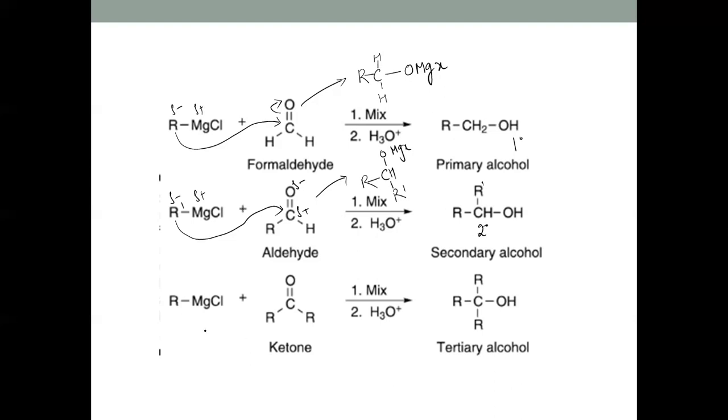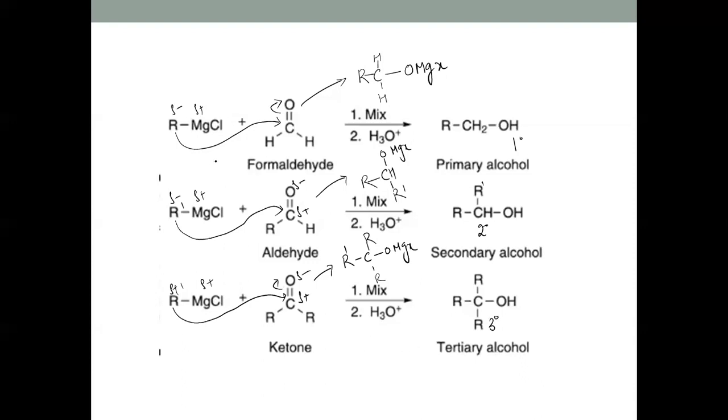With ketones, if I carry out the reaction with Grignard's reagent, again positive, negative, negative, positive. Nucleophilic attack occurs on this carbon atom. So what is the intermediate I'm getting here? Let me write this as R dash, R dash, and R, with OMgX, which on hydrolysis will give you a tertiary alcohol.